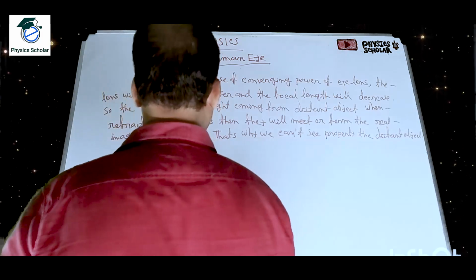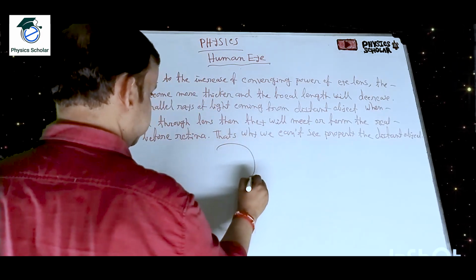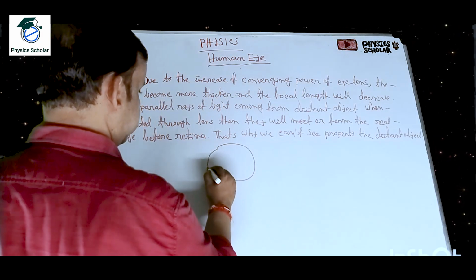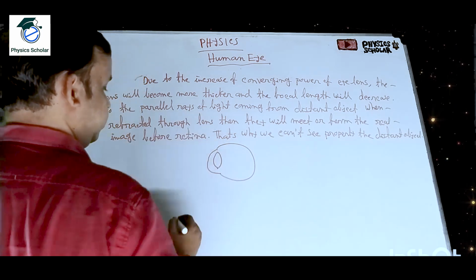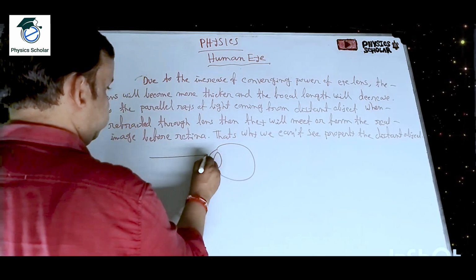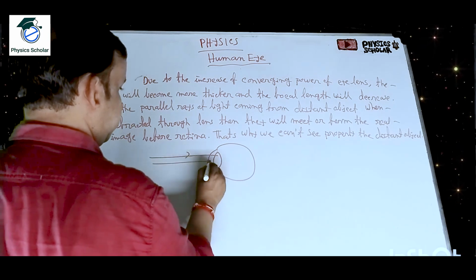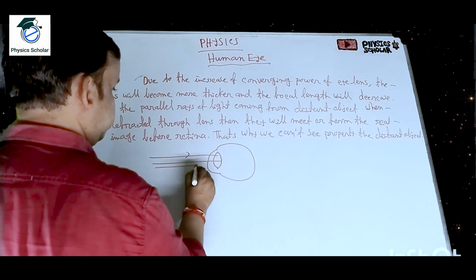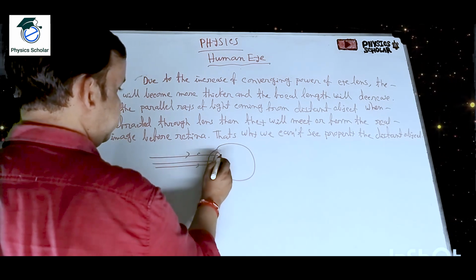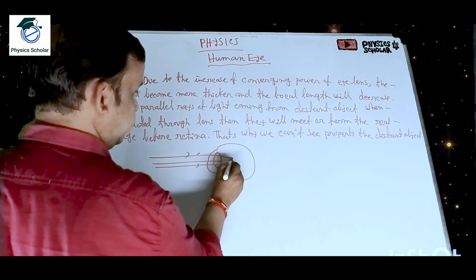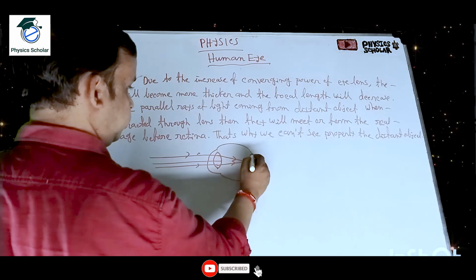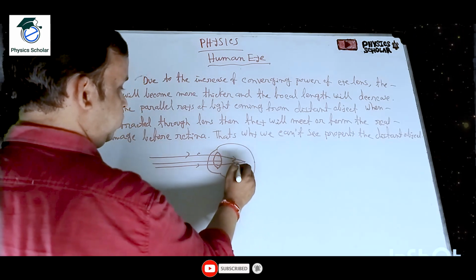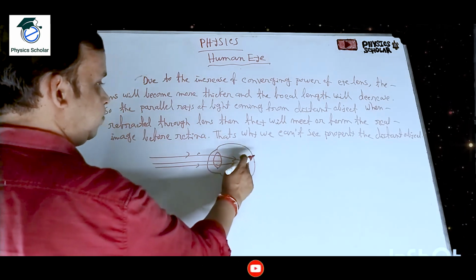So how will the diagrams be? This will be the lens, clear? Suppose this is the principal axis. The rays will be parallel to each other. As the lens is thicker, it should meet here, but it will meet before the retina.